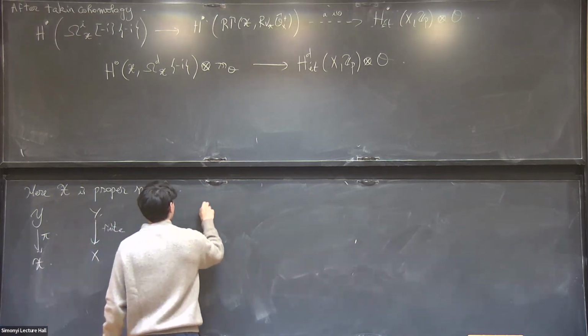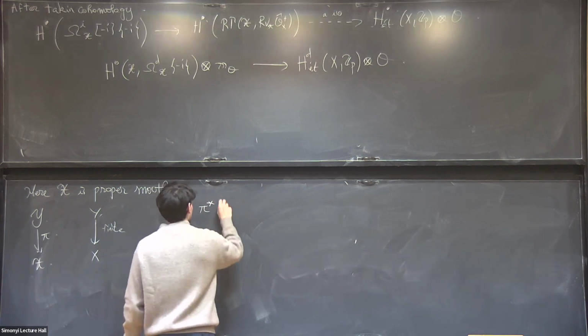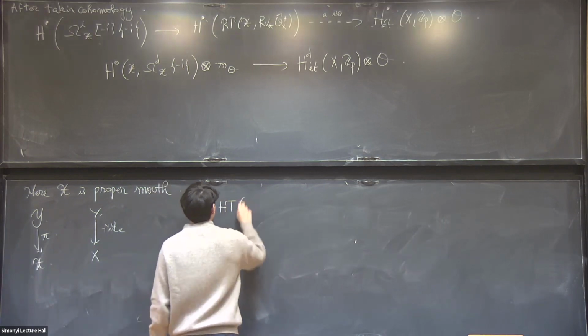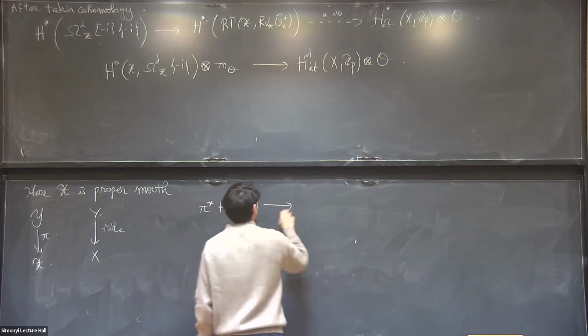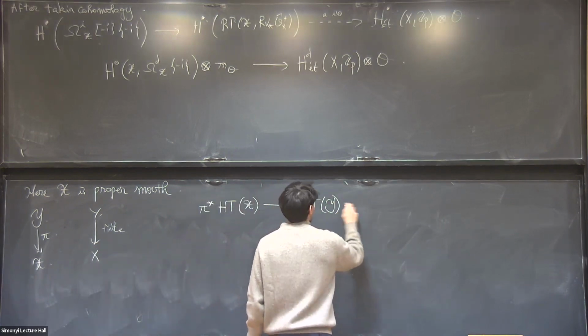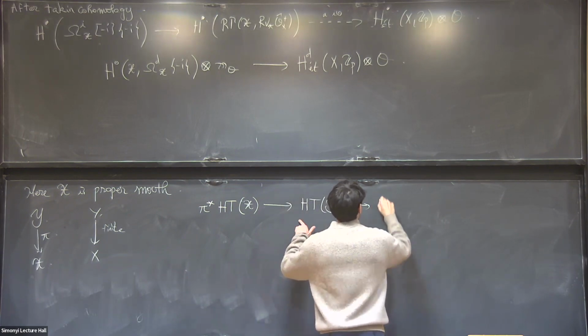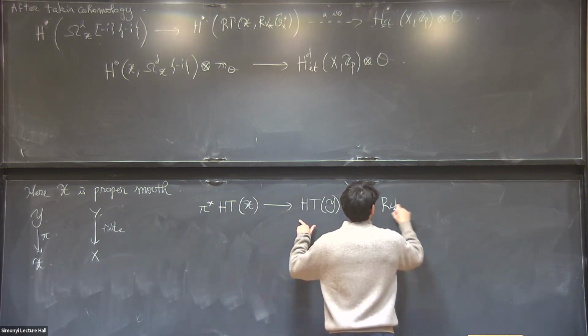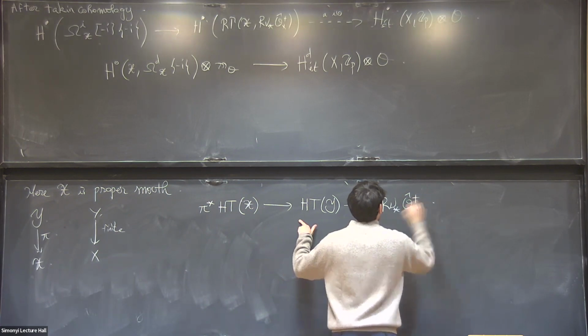Then I still have a map from the pullback of the Hodge complex of x to the Hodge complex of y. And now again, I can map this to my R nu star of y hat plus.